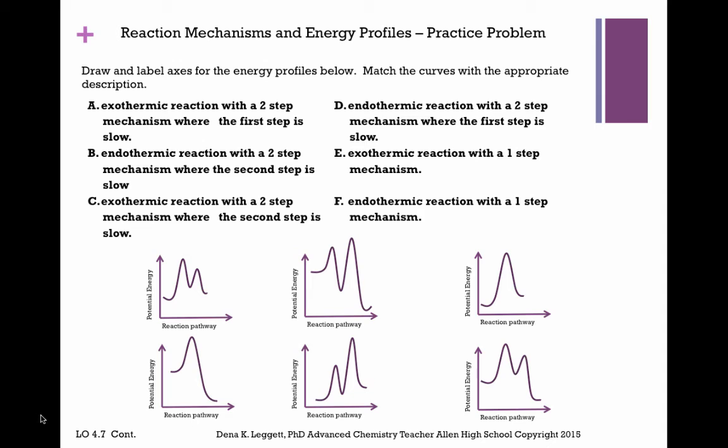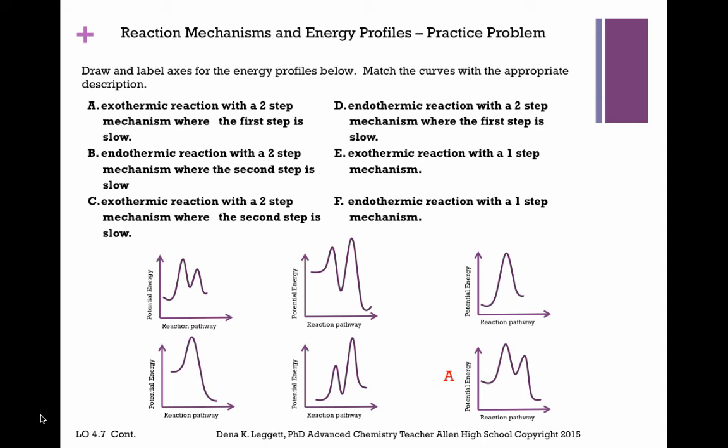Okay, let's take a look. For A, exothermic reaction with a two-step mechanism where the first step is slow. What does it mean if the first step would be slow? High activation energy. So A is going to be this one.